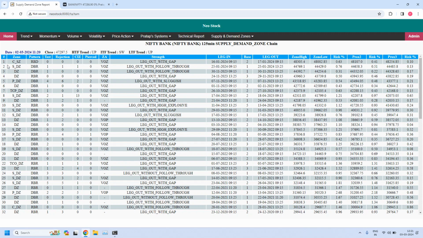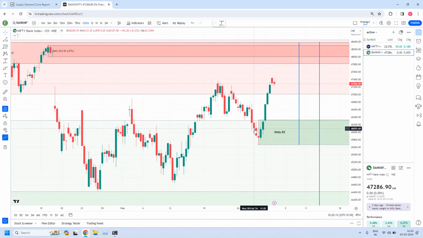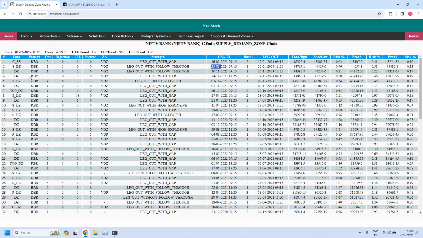So these are the two immediate high liquidity demand and supply zones at 125 minutes. Mostly 75 will also get the same, because we are tracking high liquidity zones in daily and 75, but this is 125 minutes. So what is this zone? 25th January, 9:15 candle, one base candle. This is the demand zone, 25-1, 9:15.